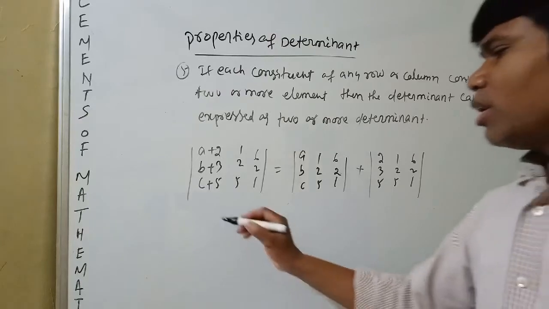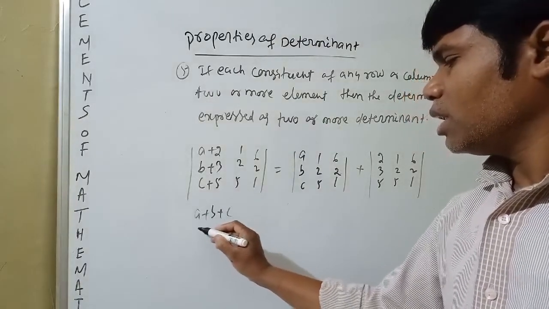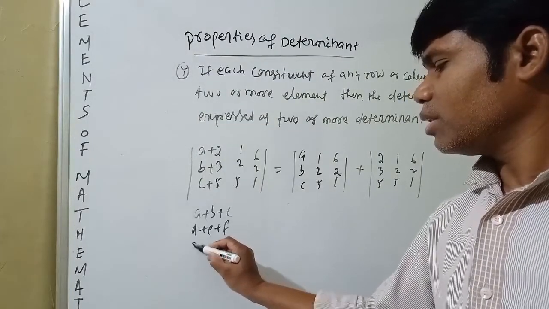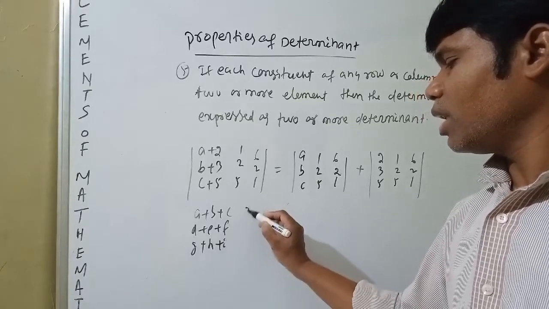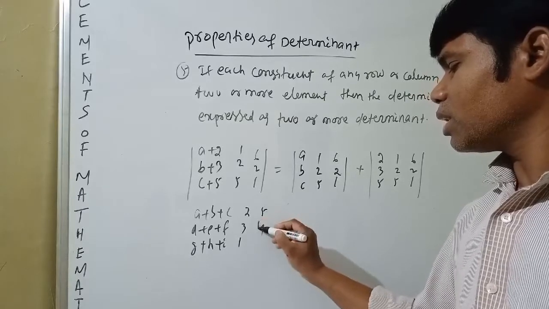Understood? Suppose a plus b plus c, d plus e plus f, g plus h plus i is given, with other columns 2, 3, 1 and 5, 4, 6.